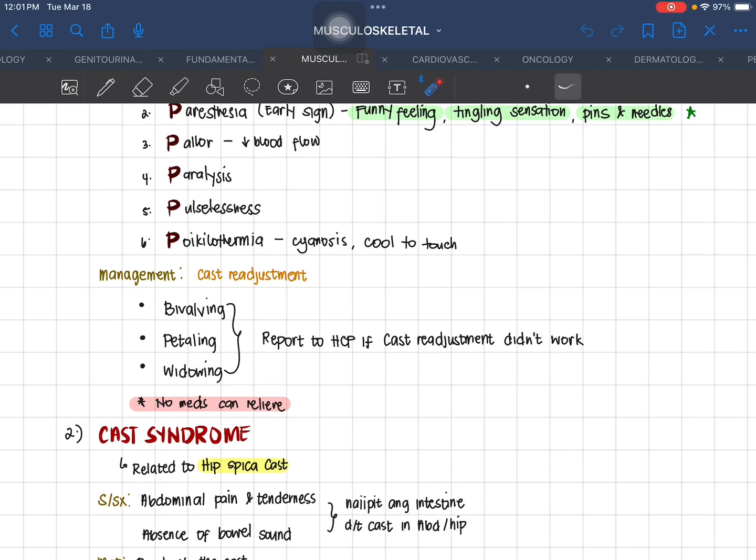So, cast readjustment, bivalving, widowing, and petaling. Again, yun yung mga cast adjustments na management for compartment syndrome. So, kapag hindi yun nag-work, yung cast readjustment, we should call or we should report it to the healthcare provider.